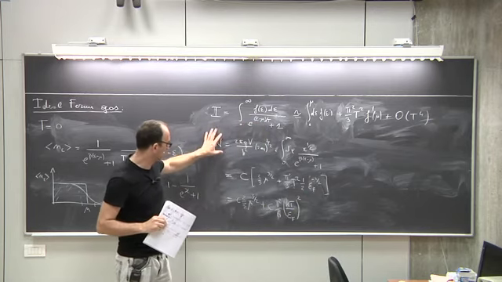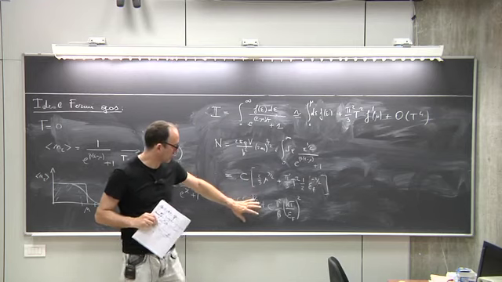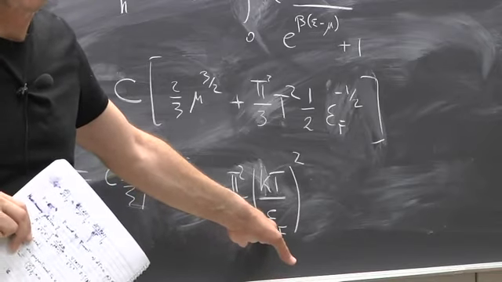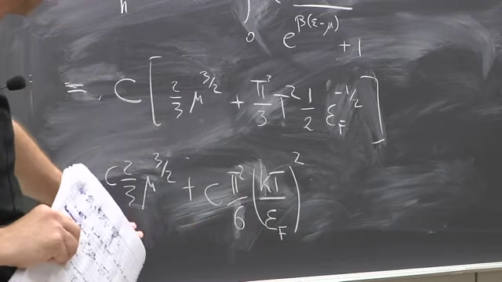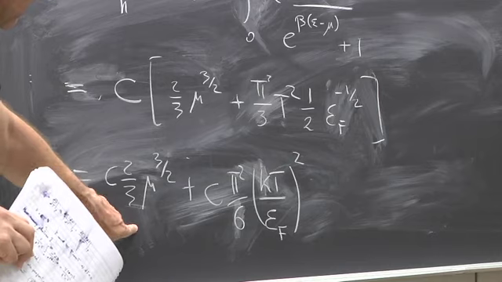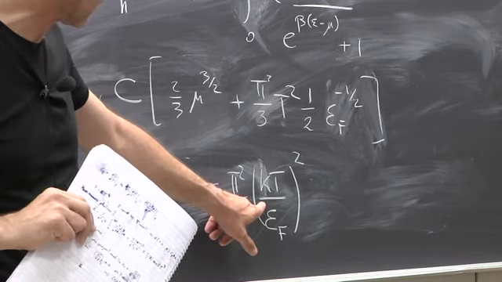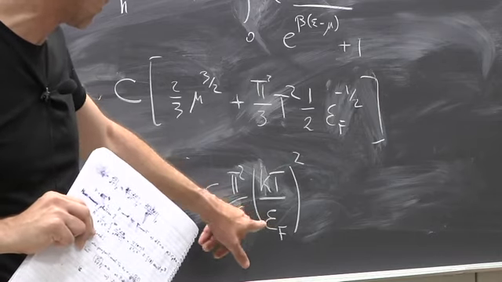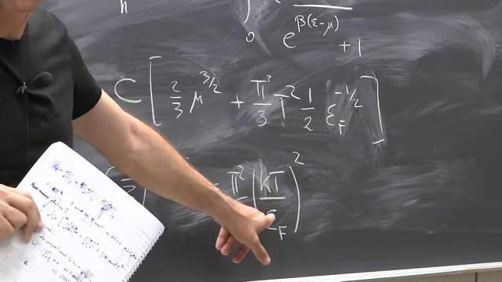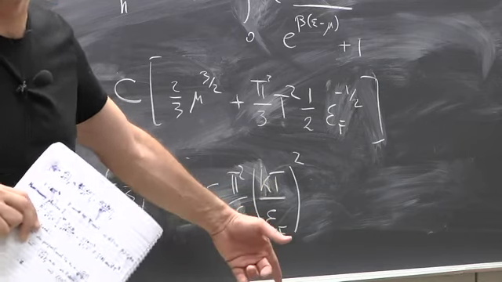This is the equation which you have at temperature 0. So the correction which you have is of order t squared. So your chemical potential will be the Fermi energy times a correction which is of relative order kT over epsilon f squared.